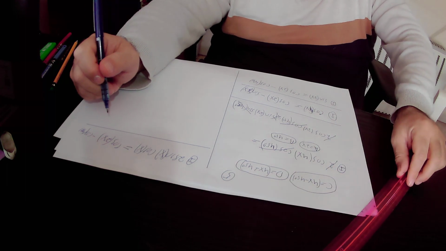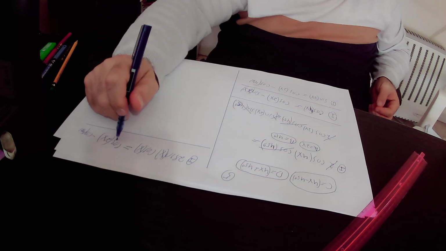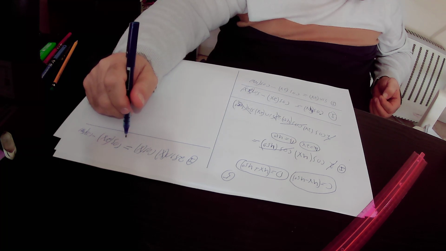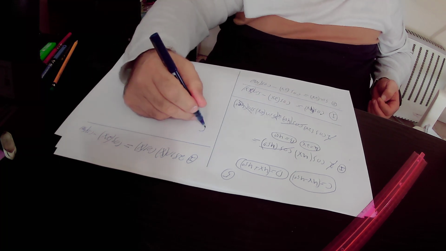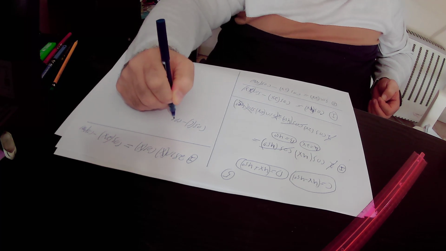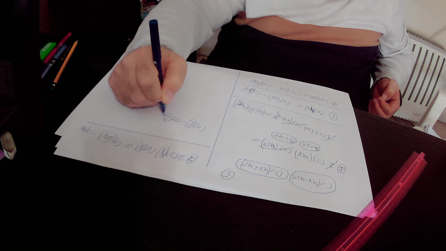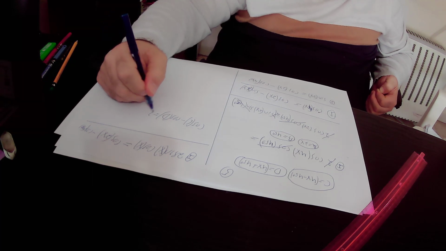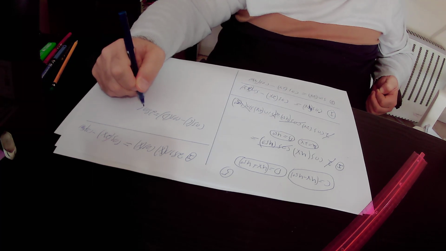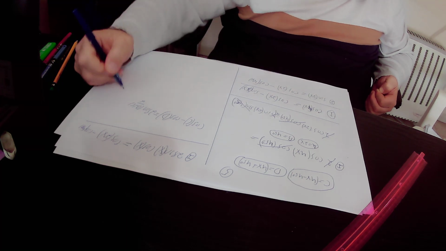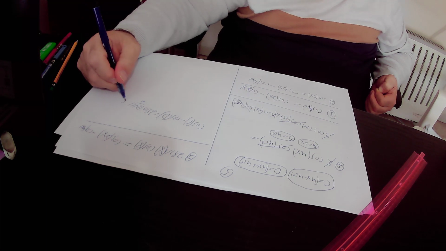Actually cosine 2x minus cosine 4x is similar to the trigonometric identity that cosine C minus cosine D equals 2 sine D plus C over 2 times sine D minus C over 2.